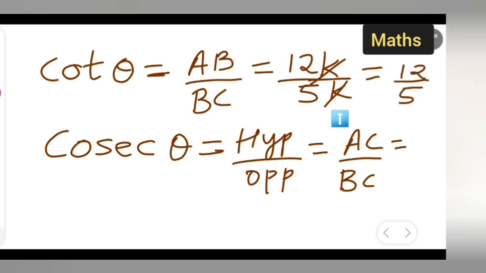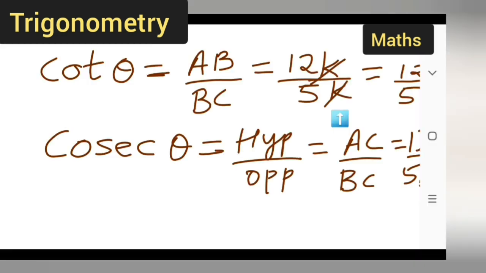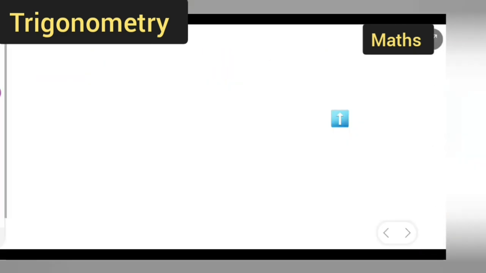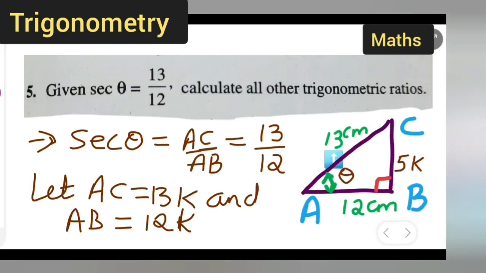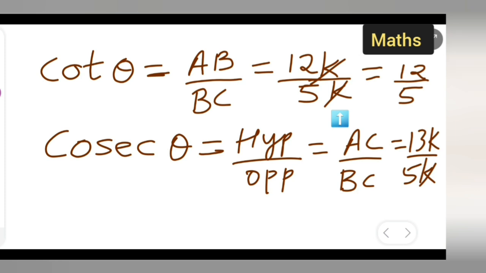AC is 13k and BC is 5k, so 13k upon 5k. The k's get removed, and the answer I get is 13 upon 5. Therefore cosec theta is 13 upon 5.